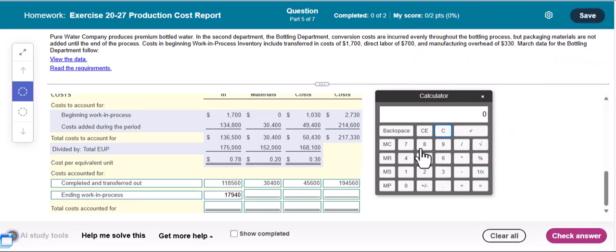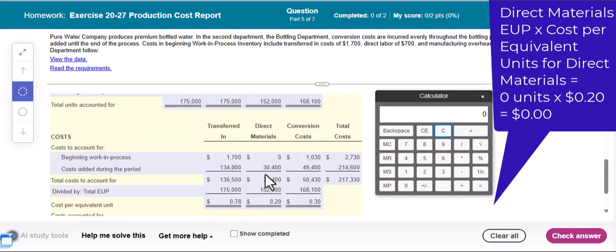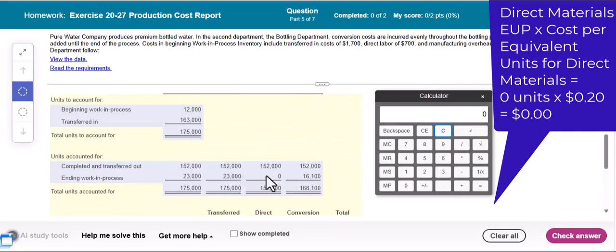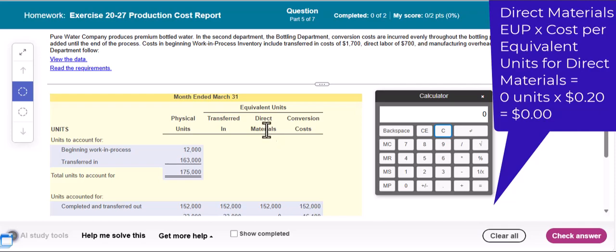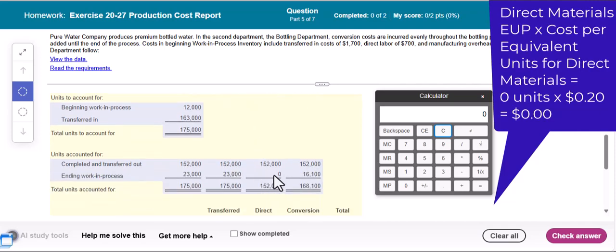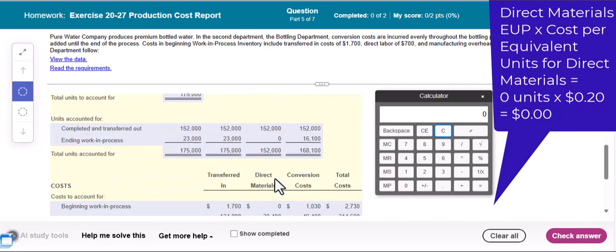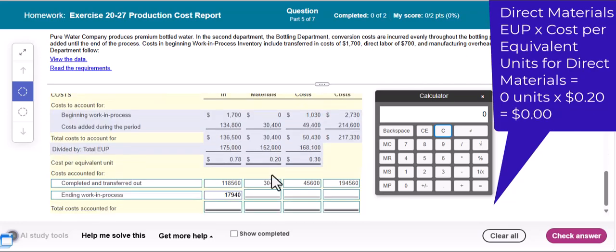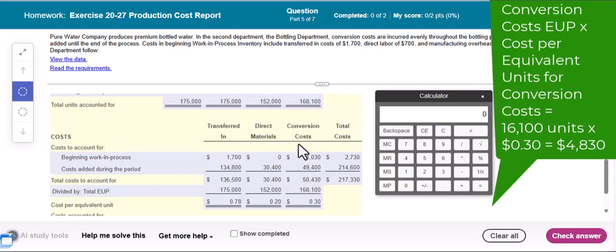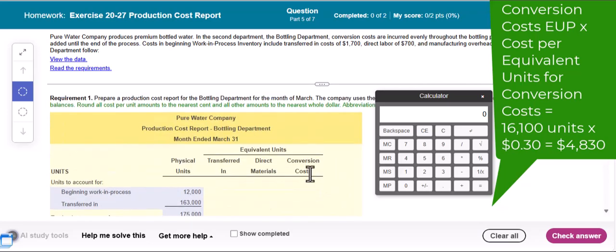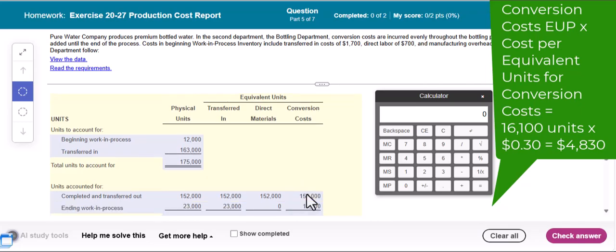And clear that out. For the direct materials, let's go back up. Direct materials, ending work in process is 0. So what do we do with that? That's 0 times 20 cents, so that ends up being 0. Then we can go to conversion costs, and we'll make sure we're working under conversion costs for the equivalent units here, and that is 16,100.